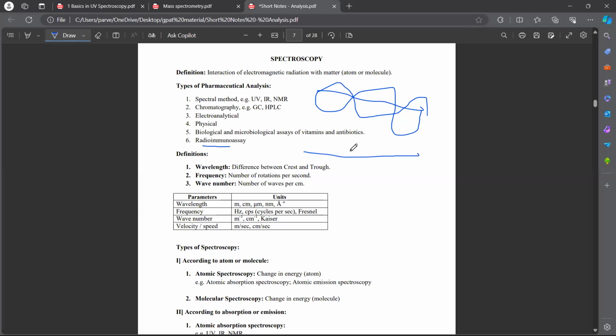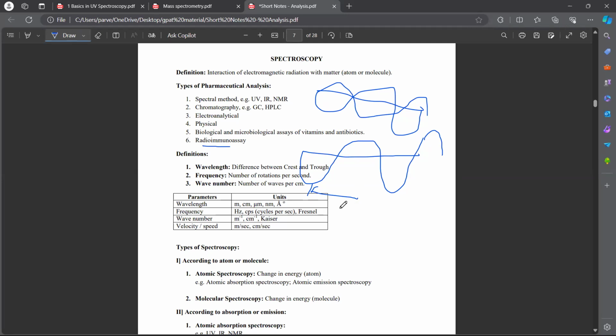Every wave has some properties or parameters through which it is measured. Let us consider this as a wave. The upper portion is known as the crest and the lower portion is known as the trough. The distance between two crests, or two troughs, is known as the wavelength.